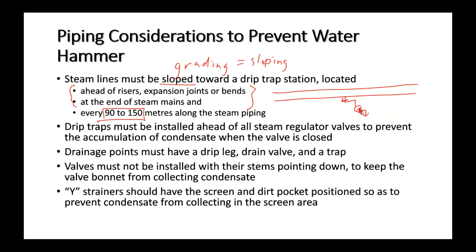So even though we're not at the base of a riser or anything like that, we should still trap it every 90 to 150 meters. The rest of the stuff we've looked at in that early slide.